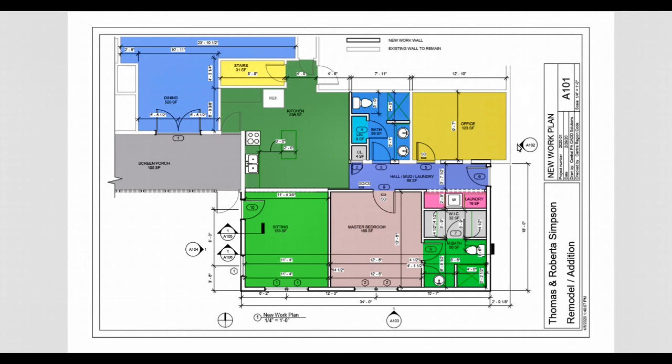But the next thing is we have these little symbols for smoke detectors and carbon monoxide detectors. So within here, this is a smoke detector, and it very quickly and easily shows where the locations of the smoke detectors have to be and where the location of the combination unit smoke and carbon monoxide detectors need to be.